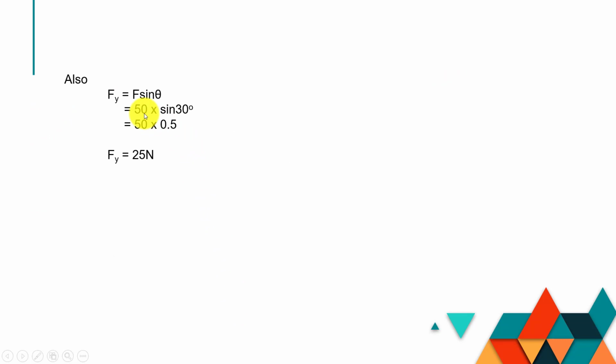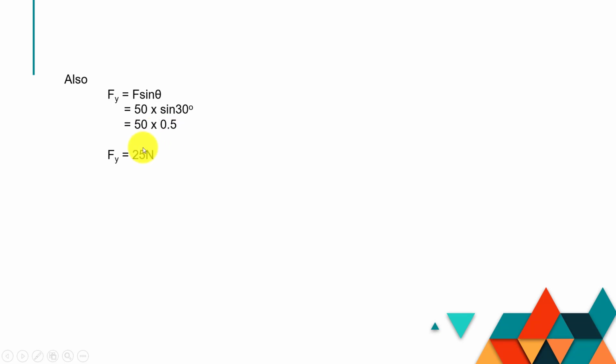Now we will calculate the other rectangular component, which is Fy, equal to F sin theta. By putting the values, we get 50, the force, multiplied by sin 30 degree, where 30 degree is the angle of that force. The value of sin 30 degree is 0.5 and we get 50 multiplied by 0.5.